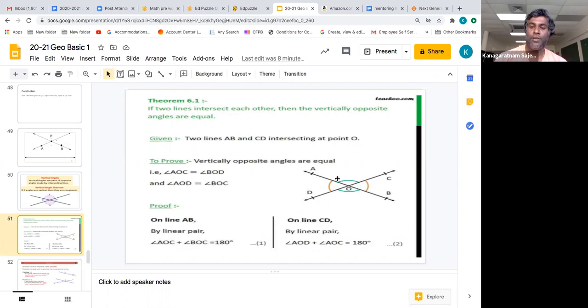This is a straight angle pair, linear pair, or supplementary angles. It's the same thing with AOD plus AOC. Let's make these two the same angle because they are sharing the same angle to make 180 degrees.